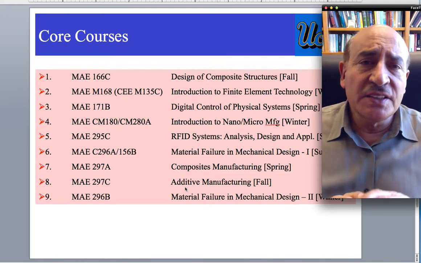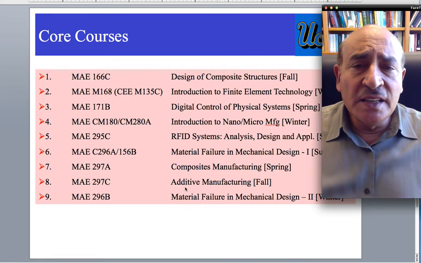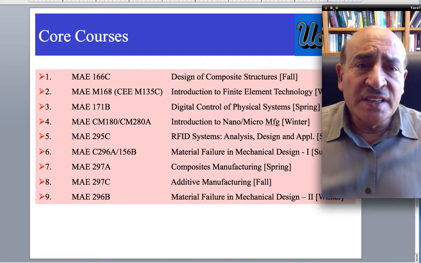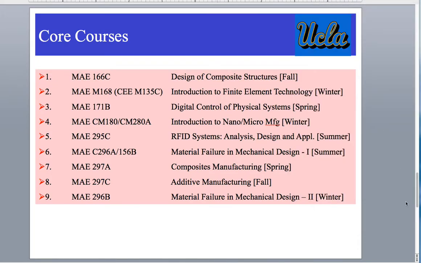So it gives an incredible flexibility in making materials or actually structures of very complex nature, both in composition and in the geometric complexity.